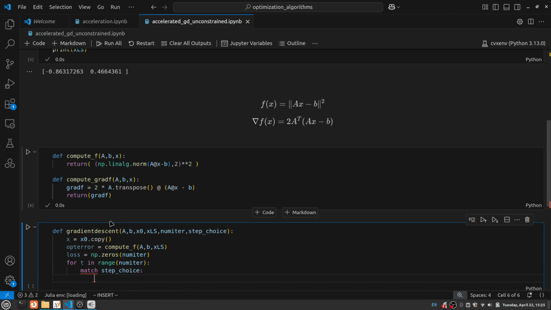So I'll choose the step size in three different ways. One is I'll choose a constant step size. I'll choose a 1 over t kind of step size, and also a 1 over square root of t kind of step size.